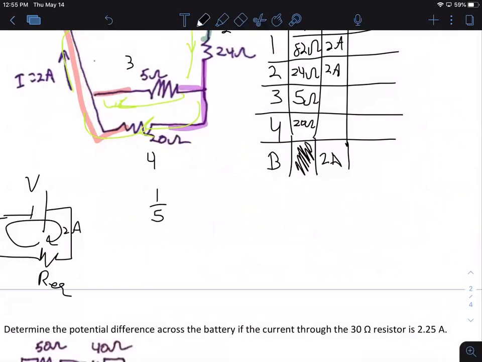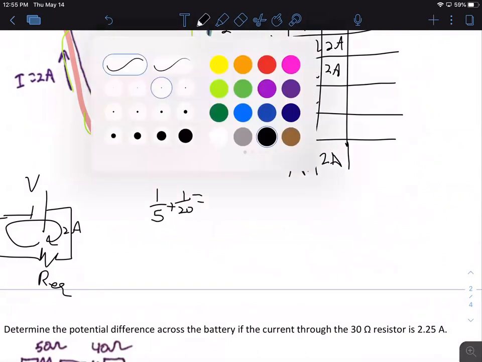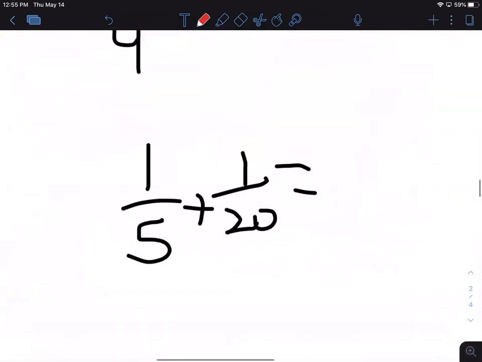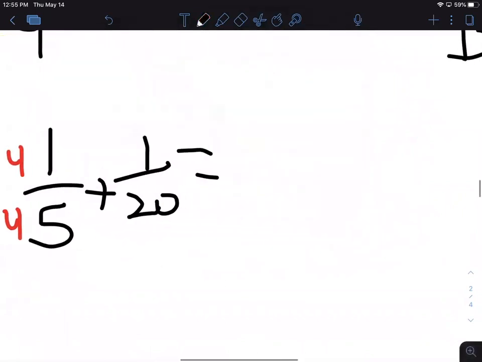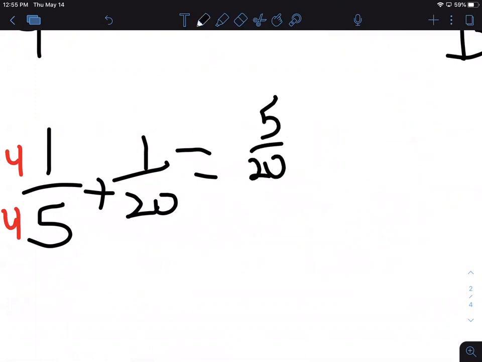1 over 5 plus 1 over 20. Multiply this by 4 and 4 for a common denominator. 4 plus 1 is 5/20. Flip it, that's 20 over 5, which is 4 ohms. Nice.